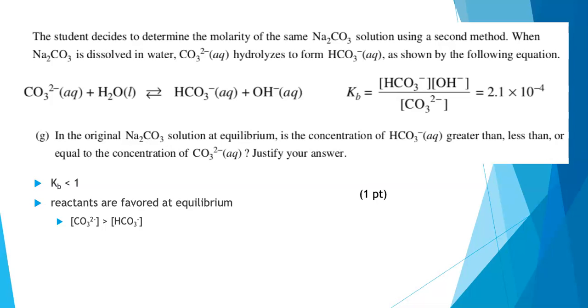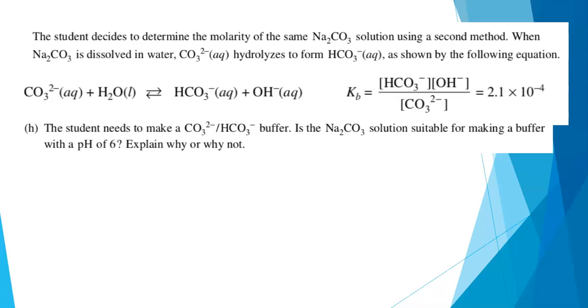But wait, we're not done yet. There's always more. These problems go on and on. The student needs to make a buffer with carbonate and hydrogen carbonate. Would this be an appropriate solution to use to make a buffer with a pH of 6? Let's think about buffers, always one of the hardest topics in AP Chem for all students.